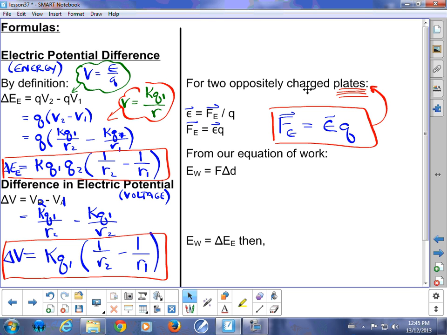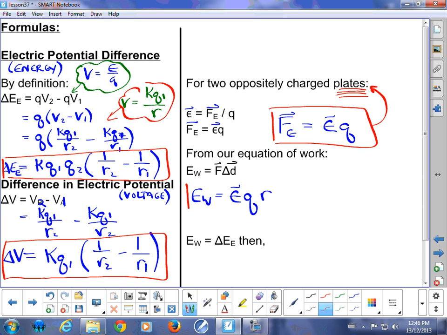From our equation of work from grade 11 physics, work is force times displacement. Both of those are vectors. Well, we can replace force with electric field strength multiplied by the charge, multiplied by distance, and we use r when we're talking about electric fields.